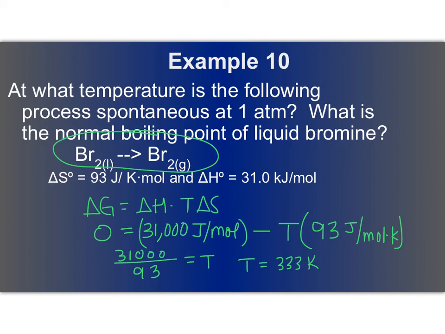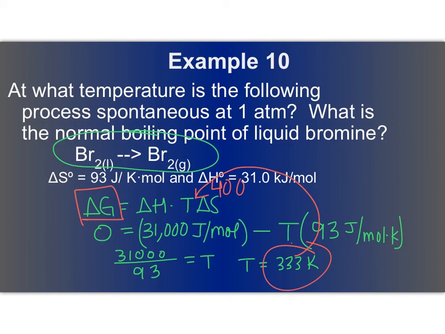So then we can go ahead and we can plug that value back into this equation right here. And if we picked a number like 400, using our delta S and our delta H, we could calculate the value of delta G, and then that could also tell us if the reaction would be spontaneous or non-spontaneous at that higher temperature, or if we chose a lower temperature, it would tell us if it was spontaneous at the lower temperature.